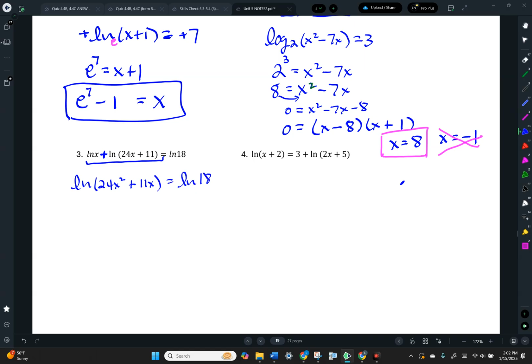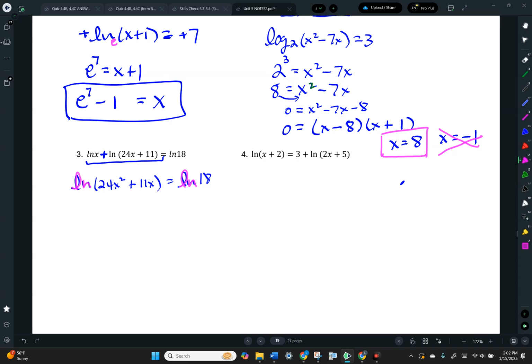Now here's an example of one that can be turned into a shortcut. If you notice that you have a single logarithm on one side and a single logarithm on the other side, not 2 on one side and 1 on the other, but if you have one logarithm on each side, then it's not really like they're canceling, but essentially what you can do is kind of eliminate the log.